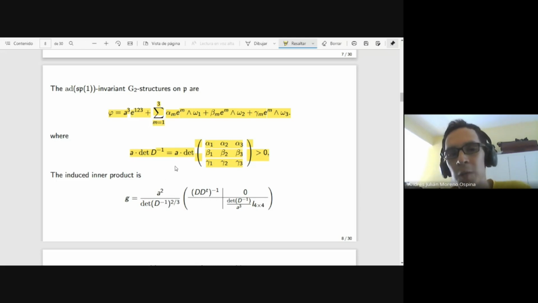And the important thing is that we can construct the induced Riemannian metric, the induced inner product, right? And in this case, we don't have a diagonal matrix because we have equivalent submodules in the isotropy representation, right?